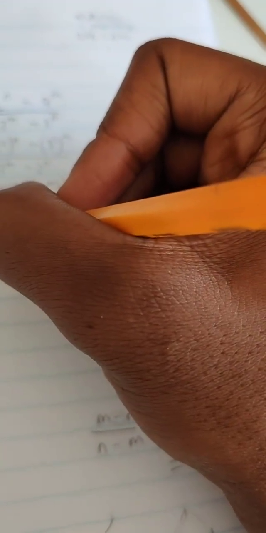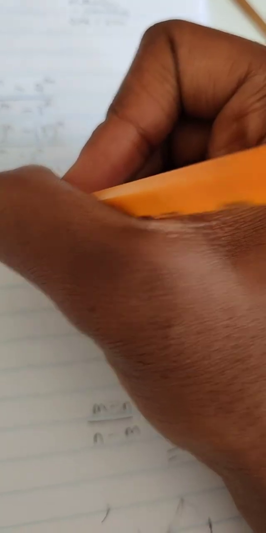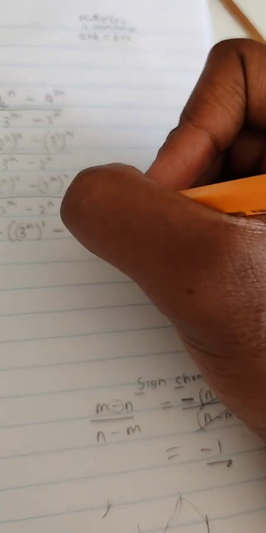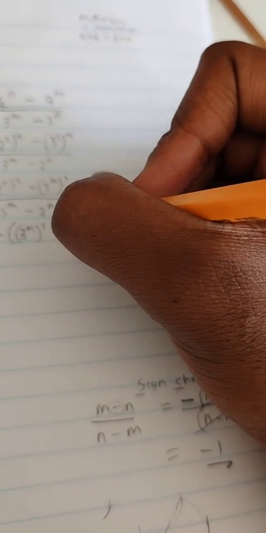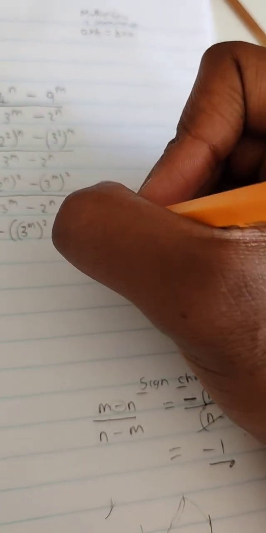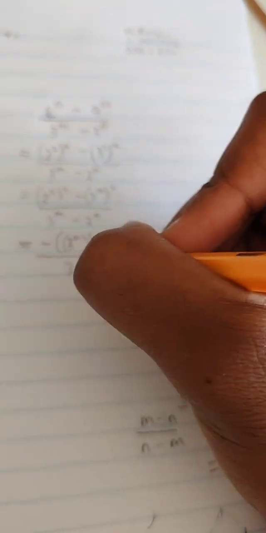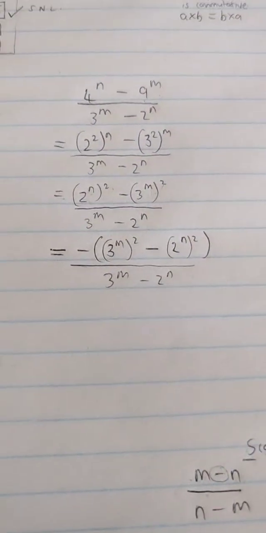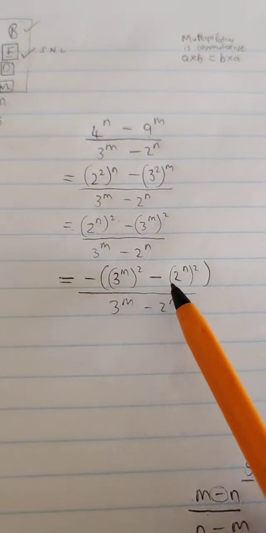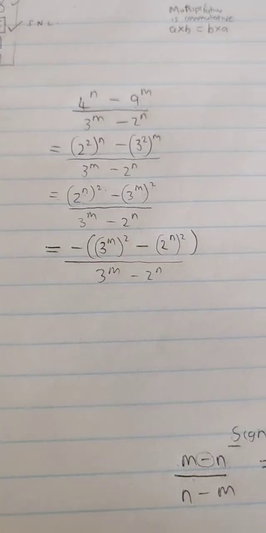Then I say 3 to the power m raised to the power 2 minus 2 to the power n raised to the power 2, over 3 to the power m minus 2 to the power n. Sign change rule has been applied successfully.